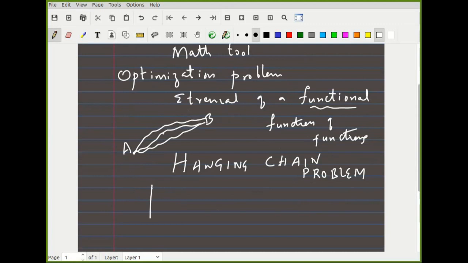Basically, there is a cable chain which is a fixed length chain, and that fixed length is the constraint in the problem. So given this fixed length, what is the shape? That's the problem.